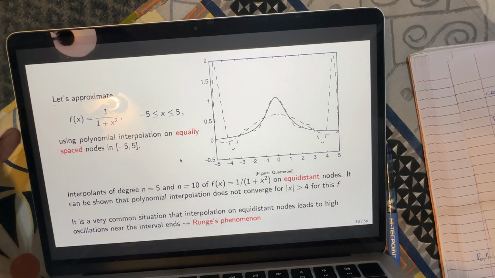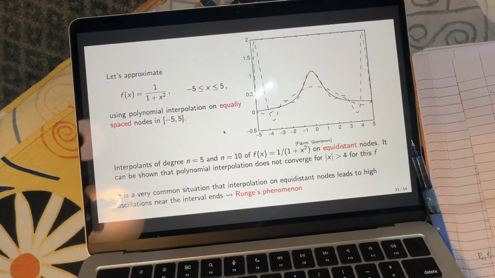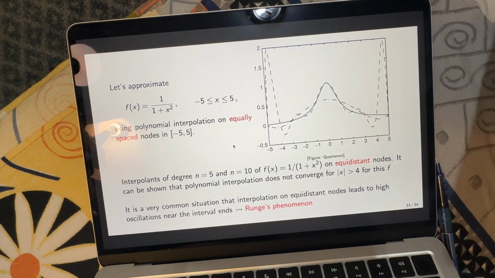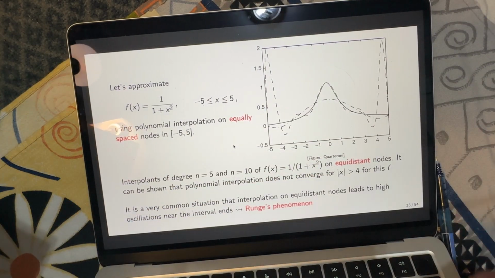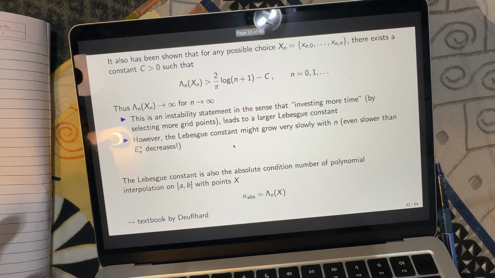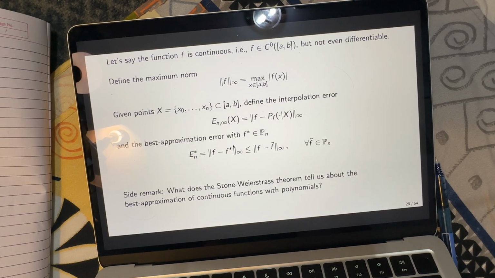Let's approximate f of x as 1 plus x square, right? Doing interpolation on equally spaced nodes. I should look at this. I should see if there is some intuition. The reason I'm not understanding is because I do not feel this in my body. So I should be able to feel this in my body.